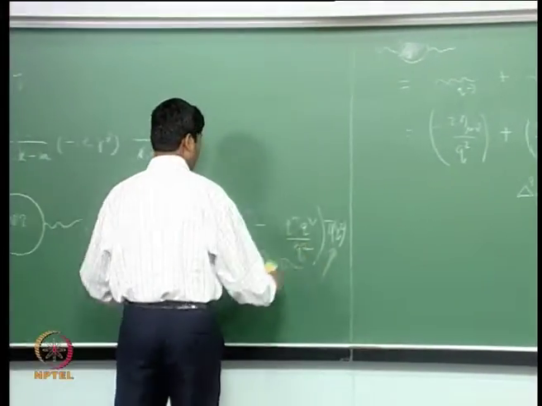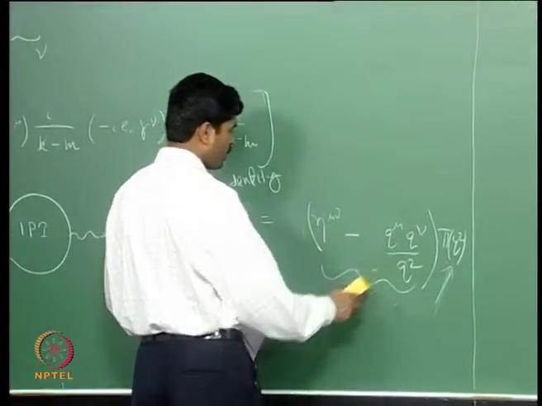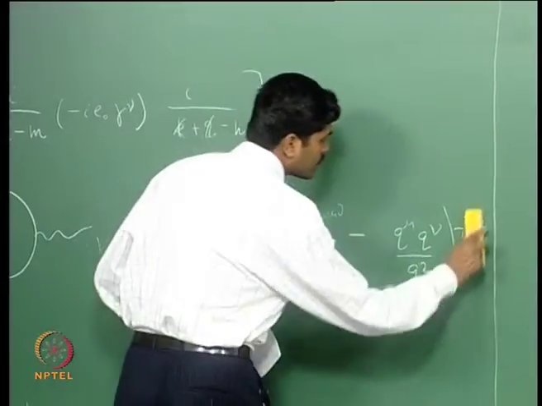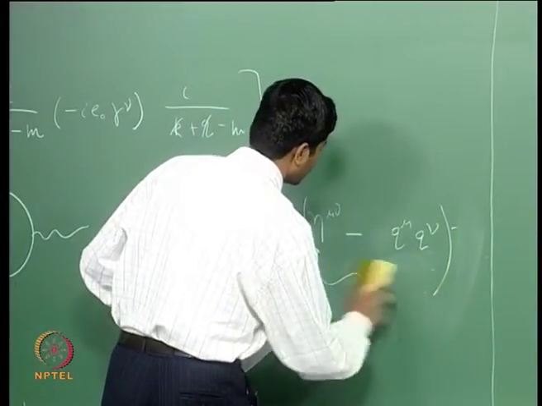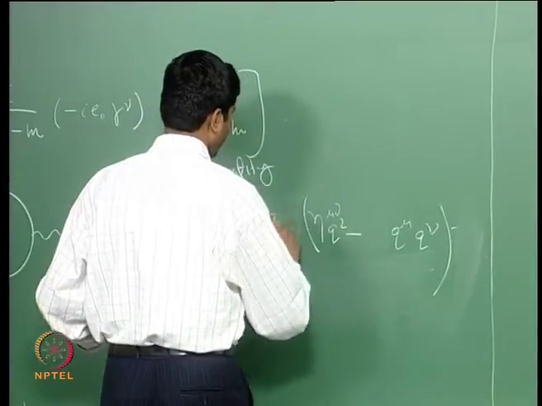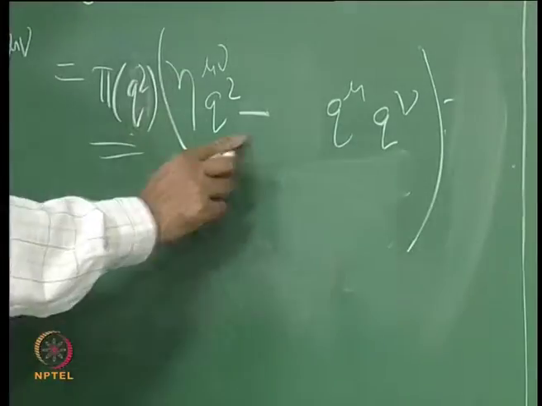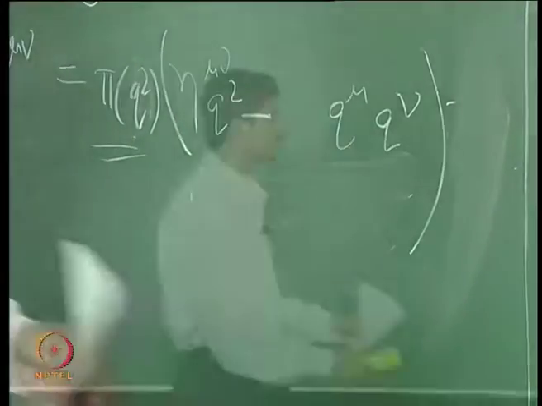I will use for π of q², I will use this notation here. Remember, you have this q² in this term. So, I can as well write it as q² times this times π of q². So my definition of π of q² will involve a q² here.